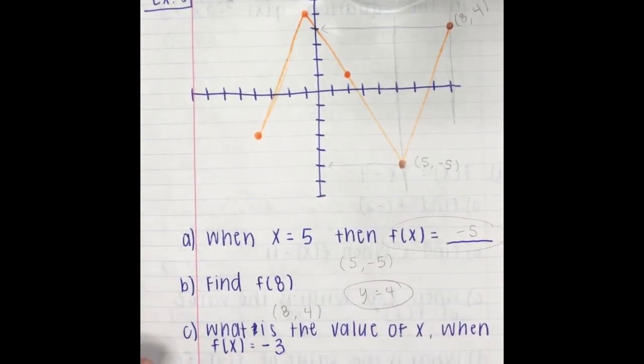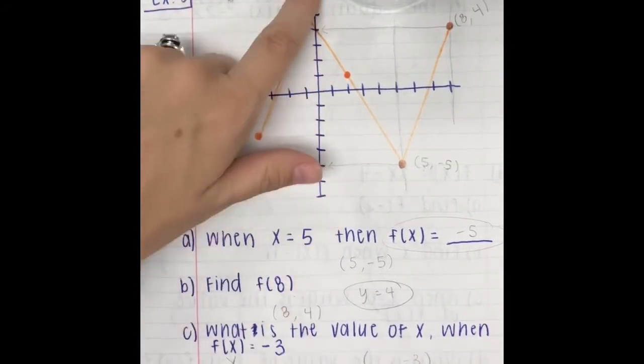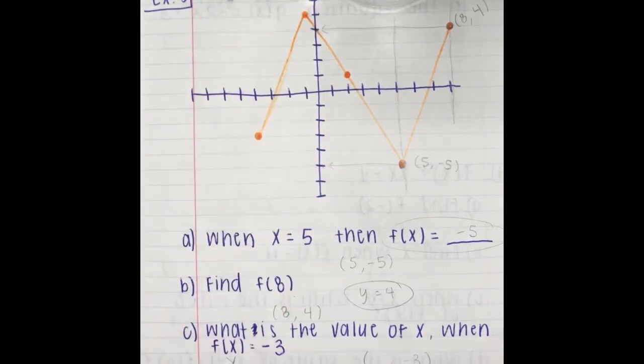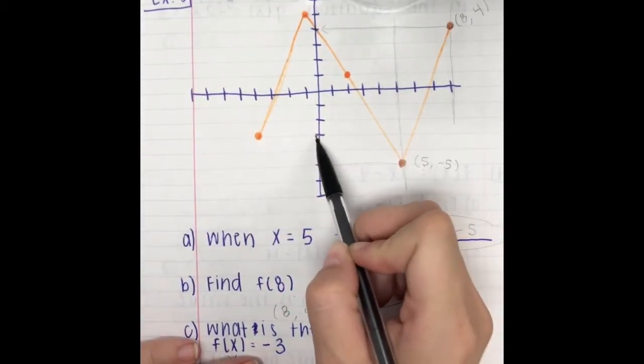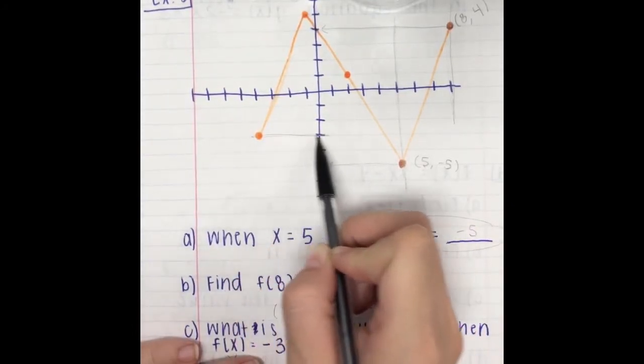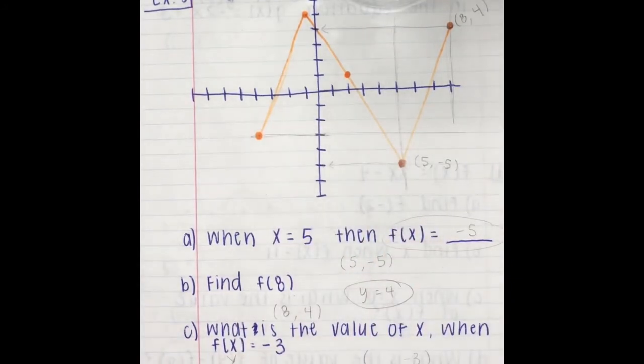And then last but not least, C, what is the value of x when f of x equals negative 3? Okay, so this is your y. Y equals negative 3. So this is our coordinate point so far. I want to figure out the x. So now I'm going to look at my y-axis and figure out when y is at -3, where do I have a point?